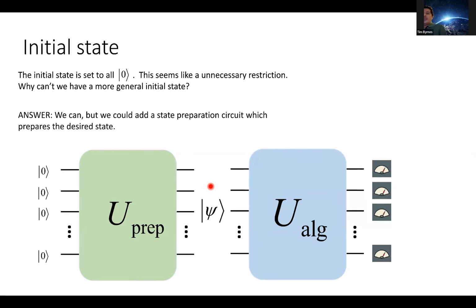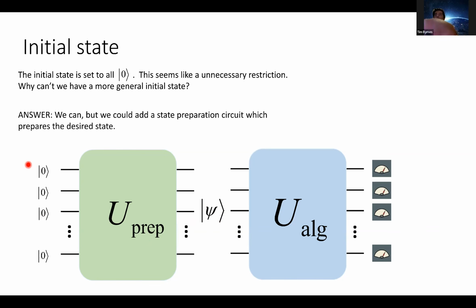But the reason why we can think of this restricted case when the initial state is just 0 is that although we could start in some other state, and that's totally possible, we can always consider a preparation unitary algorithm in order to prepare that state from this 0 state, because there's always some unitary matrix to prepare the state that you wanted from 0.